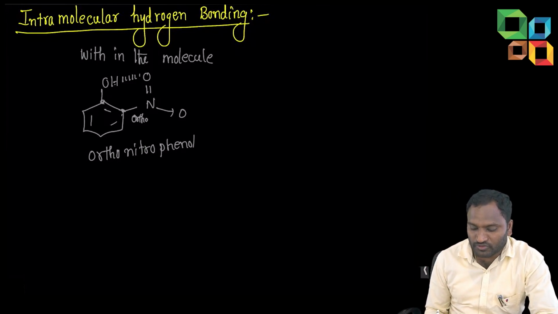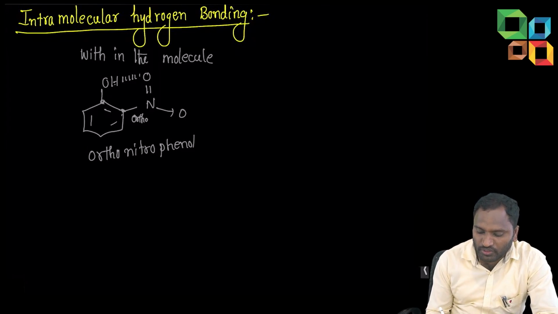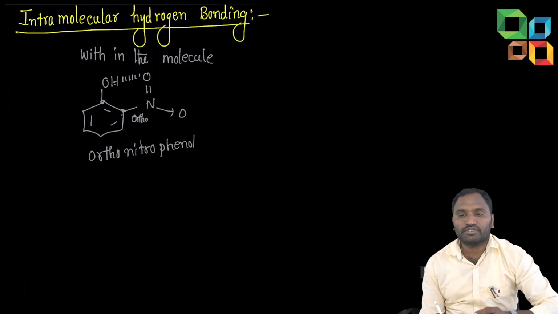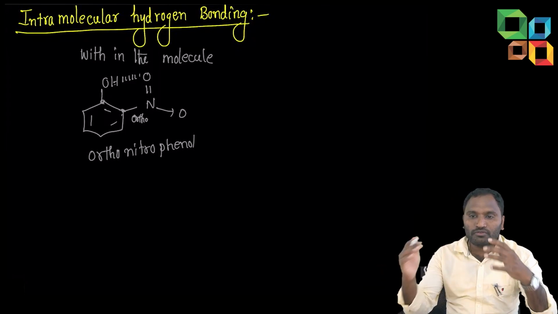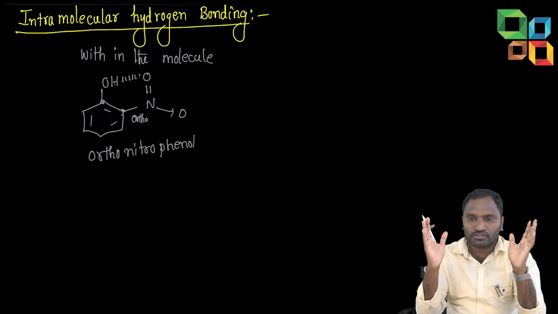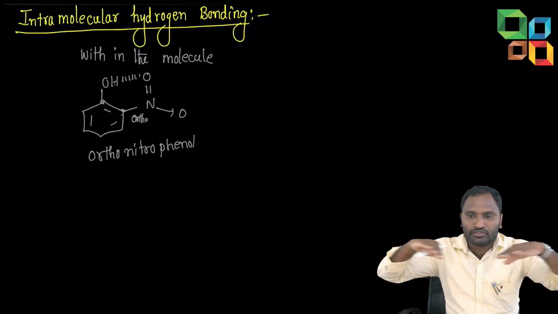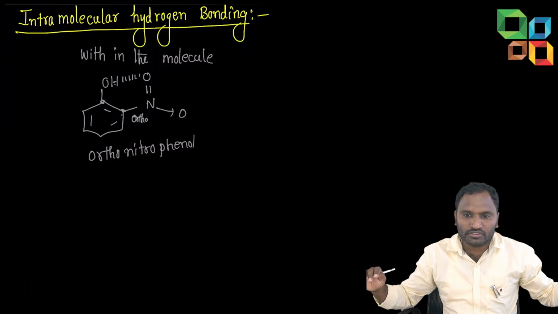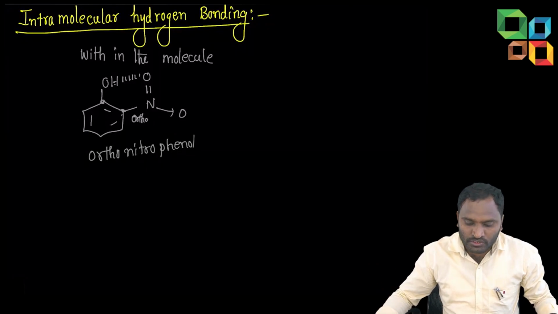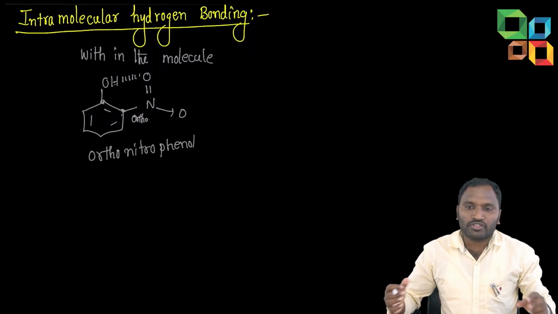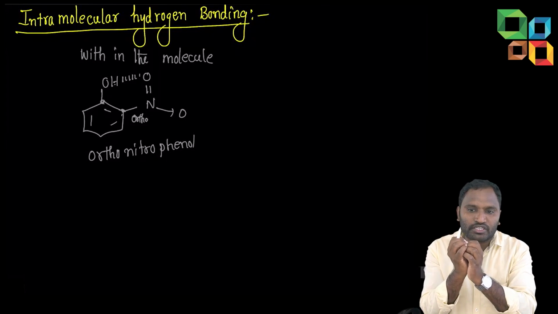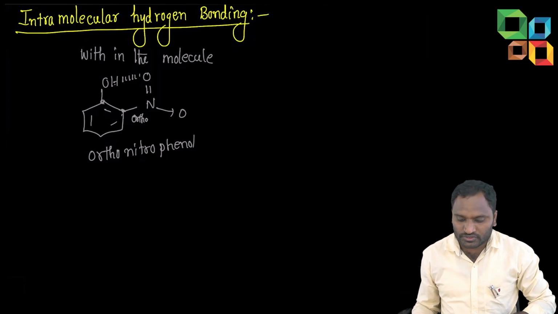Salicylaldehyde and others can form intramolecular hydrogen bonding. See students, if intramolecular hydrogen bonding is there in any compound, the compound will form a closed structure. With intermolecular, it forms an open structure and long chains, increasing the surface area. In intramolecular hydrogen bonding, it decreases the surface area by forming closed structures.